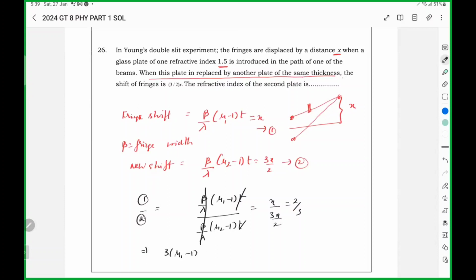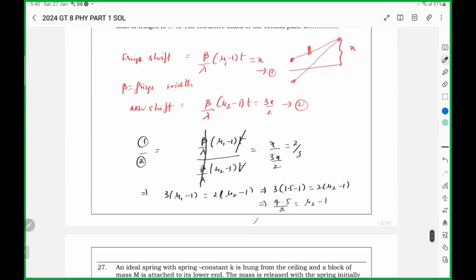3 times mu minus 1 is 2 times mu1 here is 1.5 minus 1. So which is 1.5 minus 1.5, 4.5 by 2, which is mu2 minus 1. 1 plus 2.25.